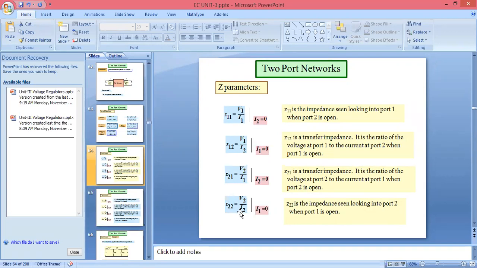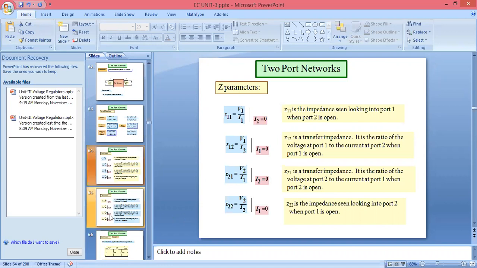It means the current flowing through that port will be zero. So by using the Z parameter, we will get the values of impedance. If you are calculating Z11, at that time you are only looking into port 1 and considering port 2 as an open circuit. Like this, you will get the remaining equations.